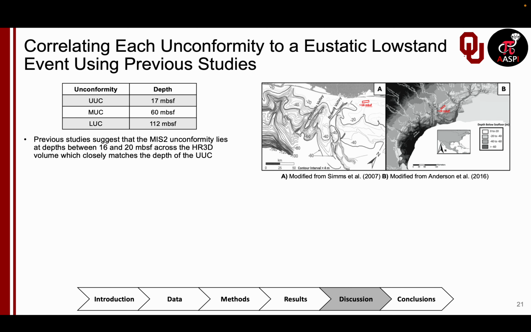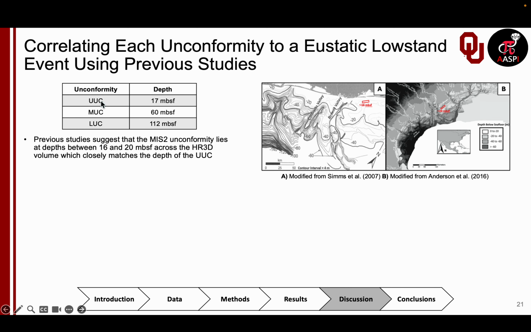So I specifically found these two publications from Sims and Anderson, who mapped the MIS2 unconformity to be at depths of 16 meters here and then 20 meters here across our study area. So you can see our study area, our seismic volume is georeferenced on these maps, and one author found the MIS2 unconformity to lie at 16 meters below the seafloor, and the other one found it to lie at about 20 meters below the seafloor.